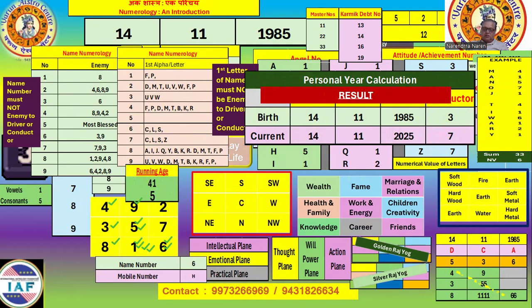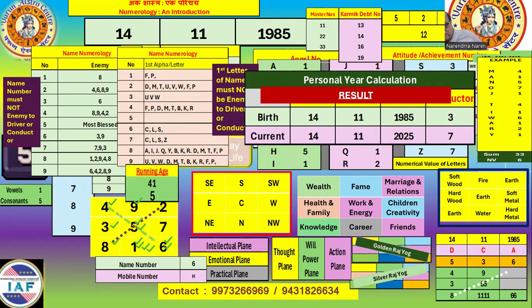Now we can say how to calculate the personal year. The year of the birth date is replaced with the current year, and this is analyzed by adding all the numbers.